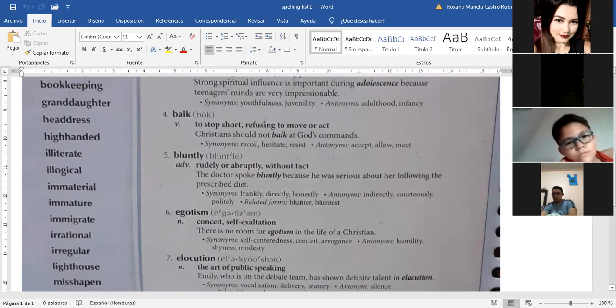Unanimous. Unanimous vote. What do you think unanimous vote means? Unanimous vote is that everyone voted for him, right? Yes. Exactly.